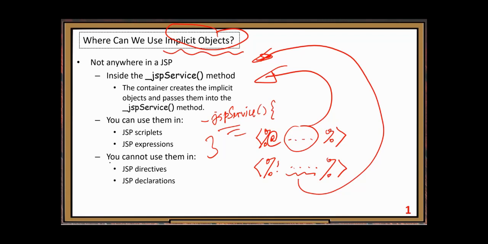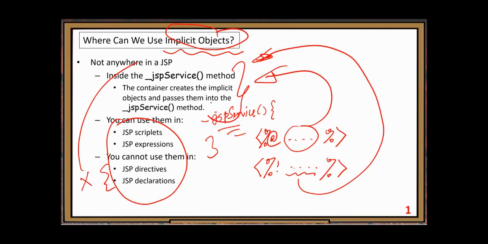So in these two places, you cannot use the implicit objects. So the rules of what you can and cannot do are based on the underlying translated servlet.